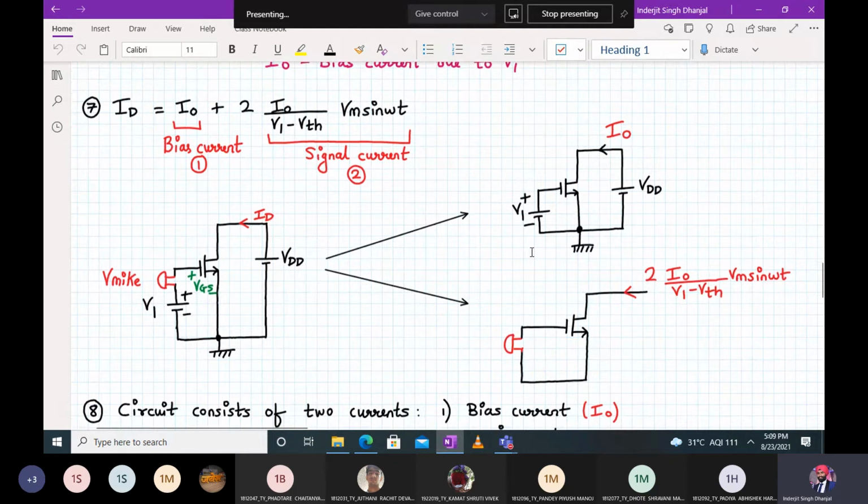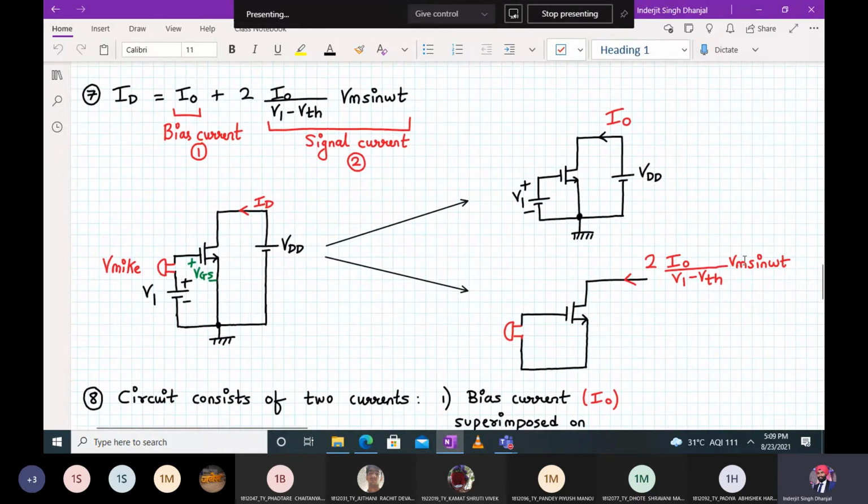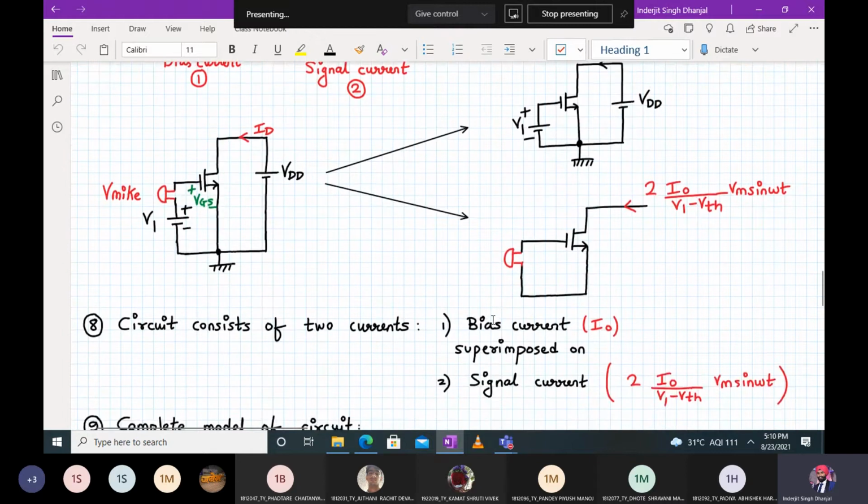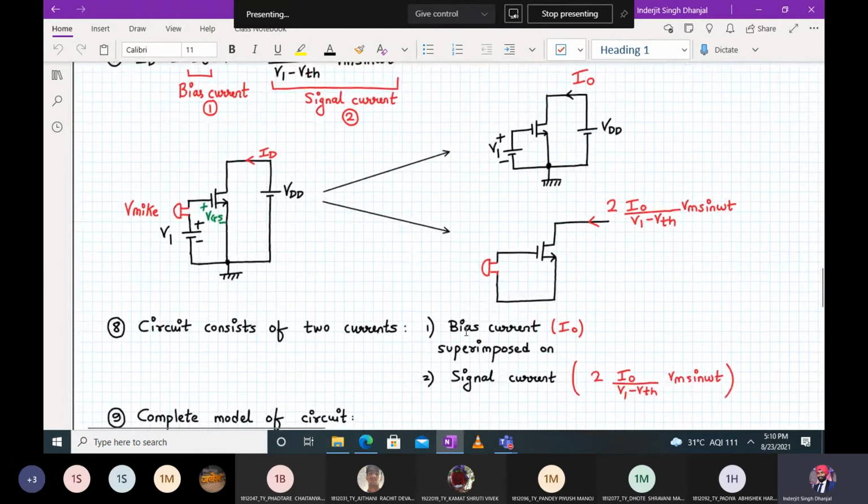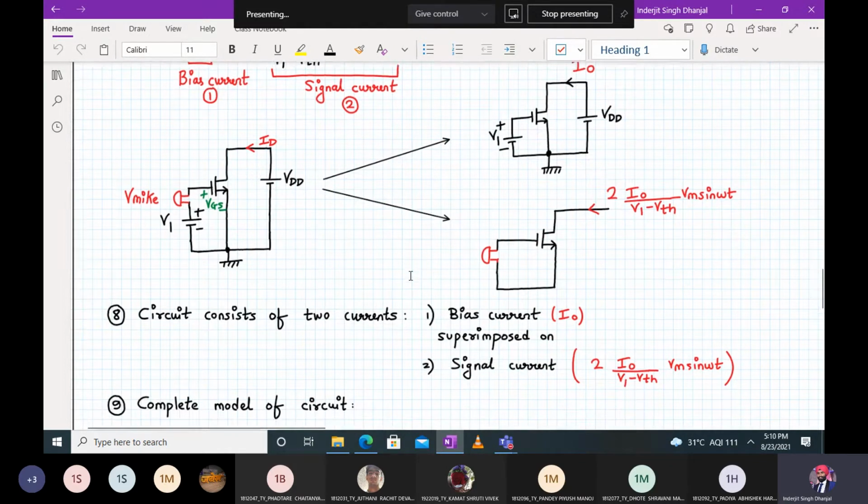And when I have a microphone signal, I will have only the signal current here, even without the supply. So I have a signal current flowing through this transistor, twice I0 over (V1 minus Vth) into Vm sin omega t. Correct? So the circuit will consist of two currents. One is the bias current I0, which is superimposed on the signal current, which is this quantity twice I0 upon V1 minus Vth into Vm sin omega t.